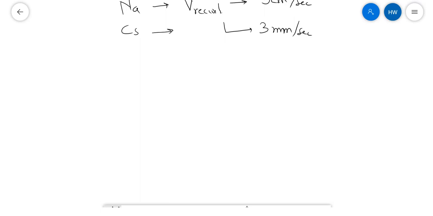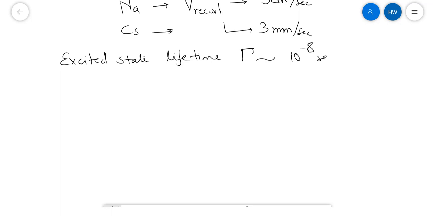Now let's look at the accelerations. That would tell you how the velocities can change or how I can lower the temperature. Typically the excited state lifetime, which is related to our gamma, is of the order of about 10 to the power minus 8 of a second.